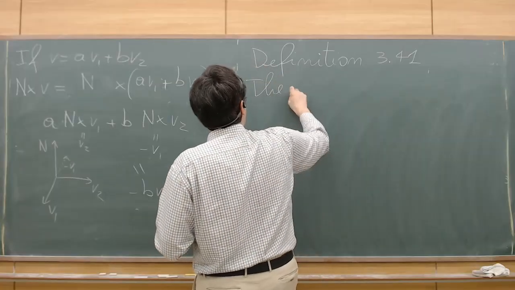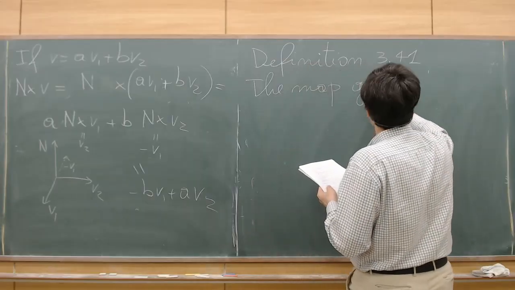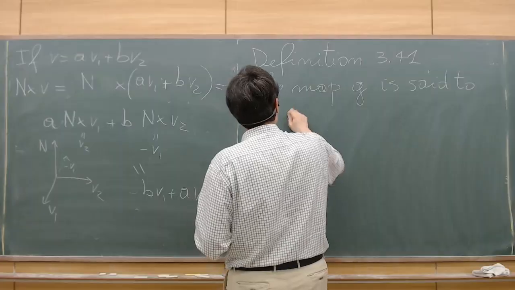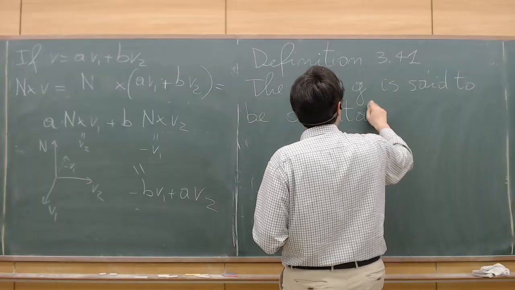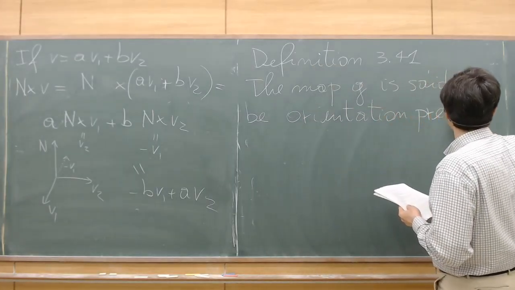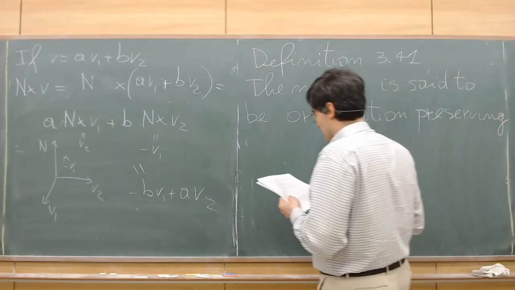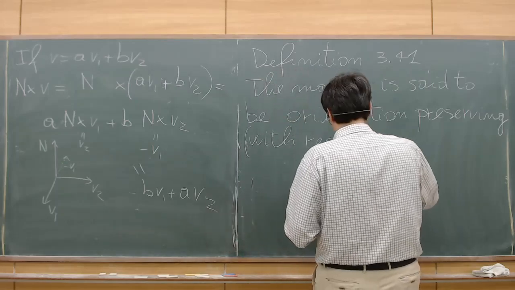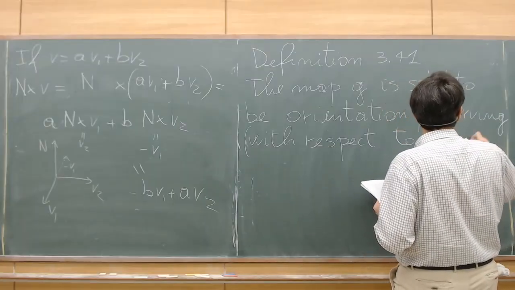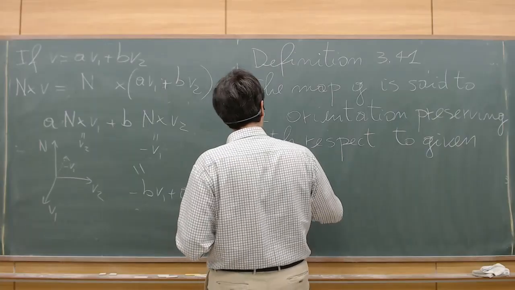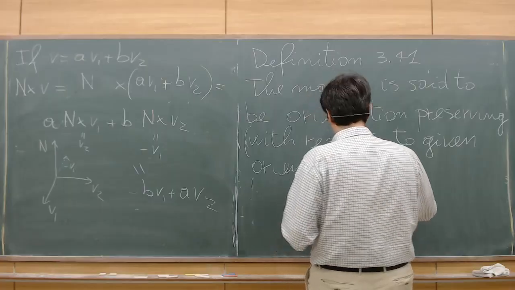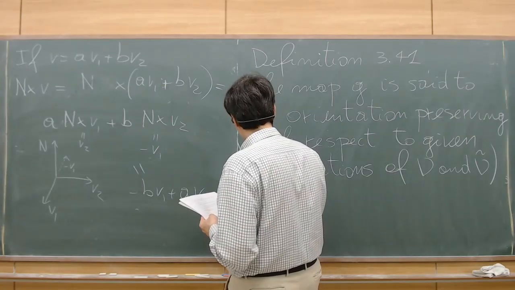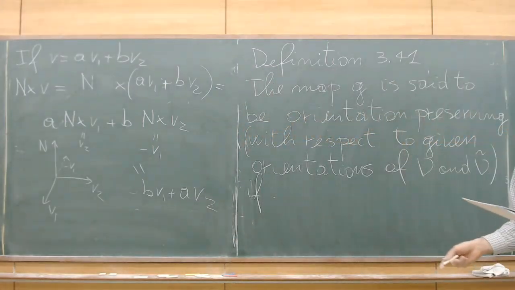The map G is said to be orientation preserving with respect to given orientations of nu and nu tilde if one of the following equivalent conditions is satisfied.